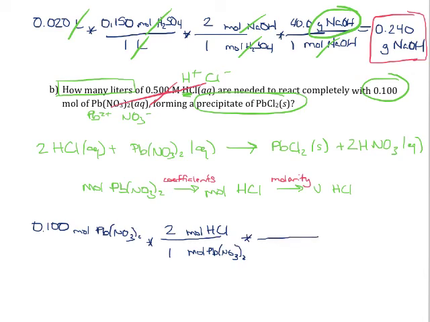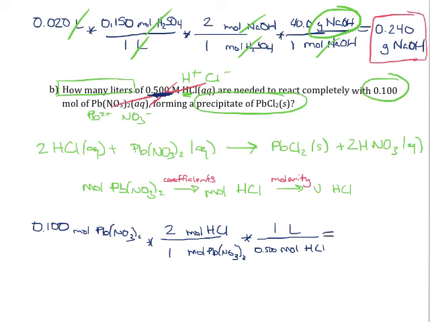But again, I don't really want moles of the hydrochloric acid, I want a volume. So if I want a volume, I need to know the relationship between moles and liters. And the relationship between moles and liters is this molarity, this 0.5 molar. So I know that there are 0.500 moles per every 1 liter of HCl.